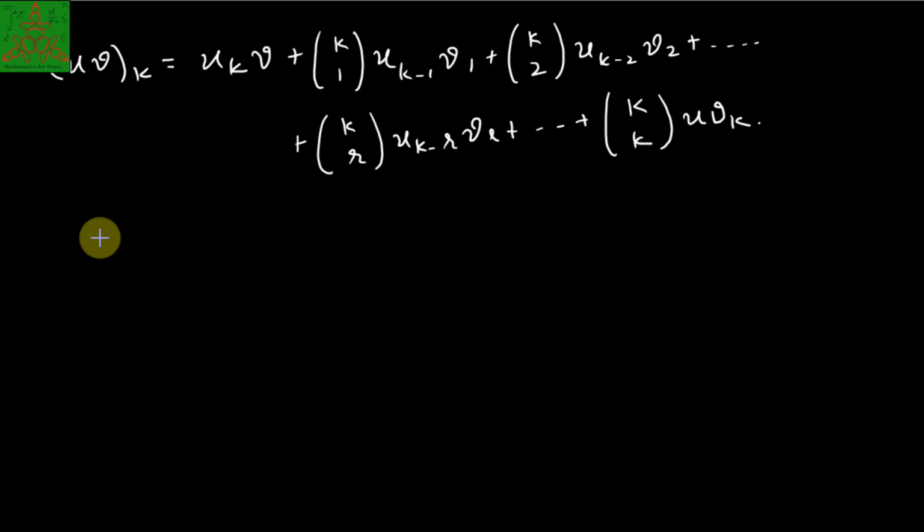Now differentiating both sides with respect to x. Why are we doing it? Because we need to show the result is true for k plus 1.